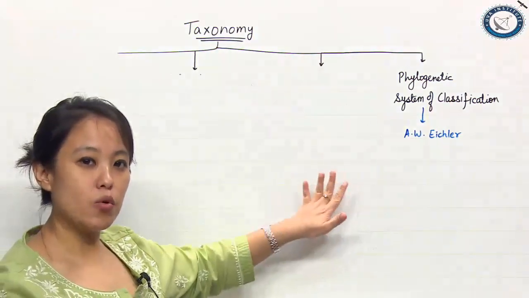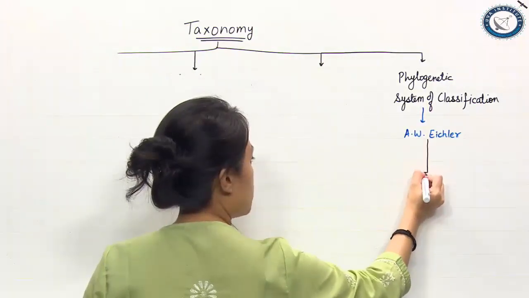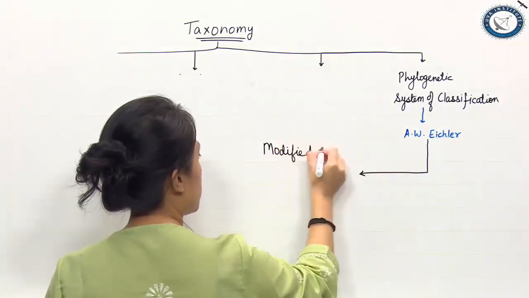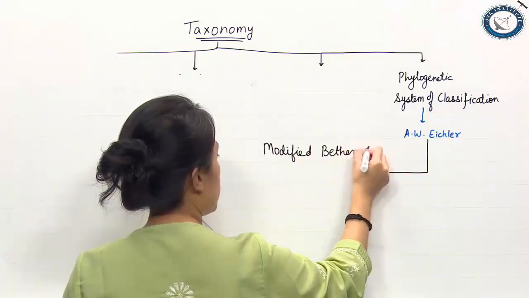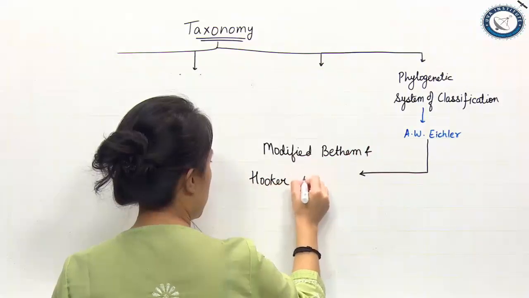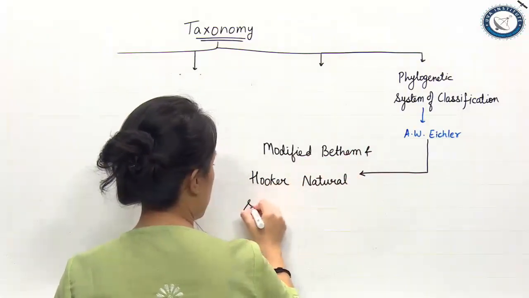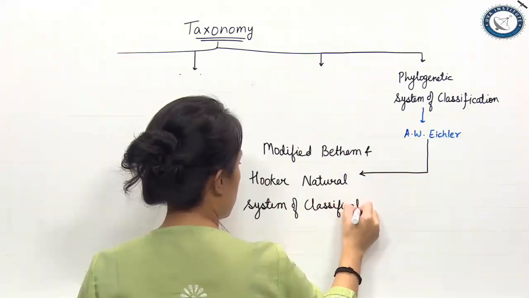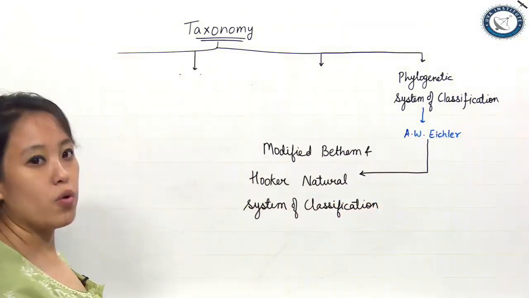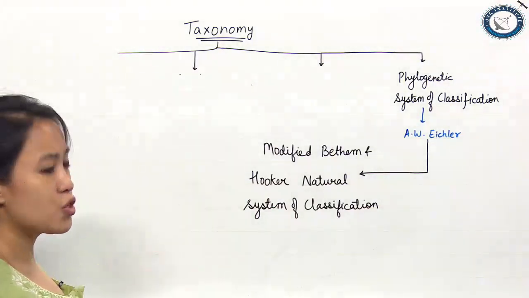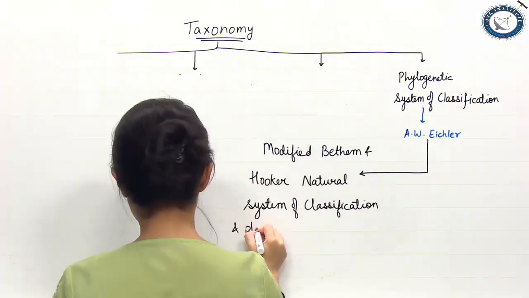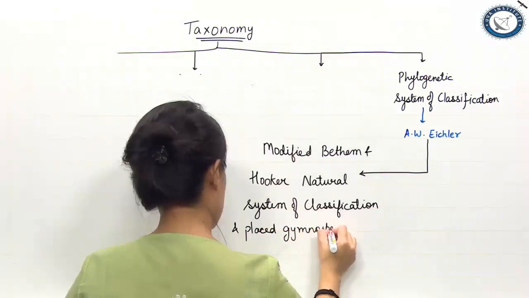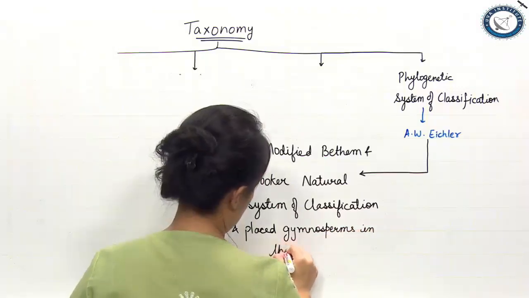But this was the person who modified Bentham and Hooker's natural system of classification and placed gymnosperms in the beginning.